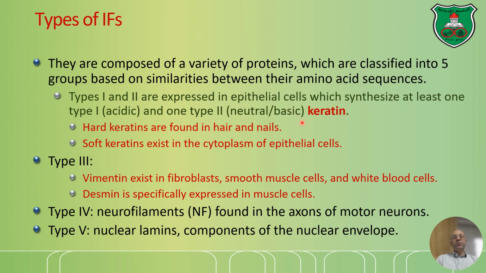Now these keratins, we covered them in the biochemistry course, and we said that these keratins are important structural proteins, and they exist in hair or nails. And we said that they become harder if there are more disulfide bonds within the intermediate filaments.